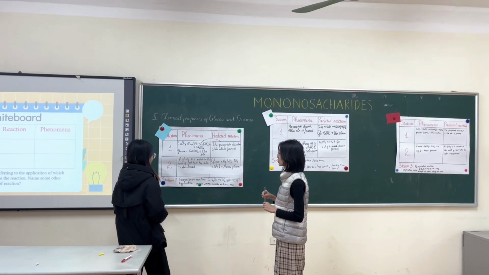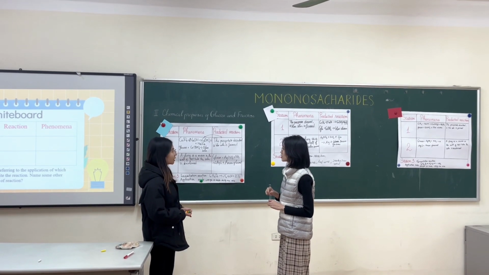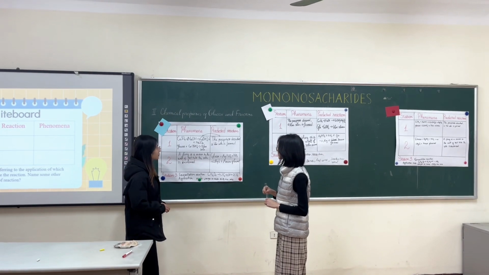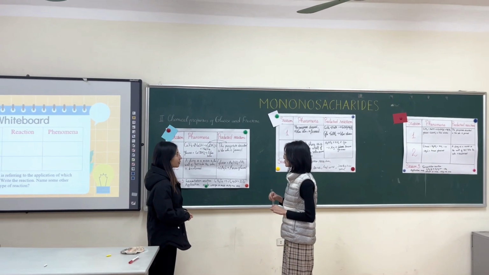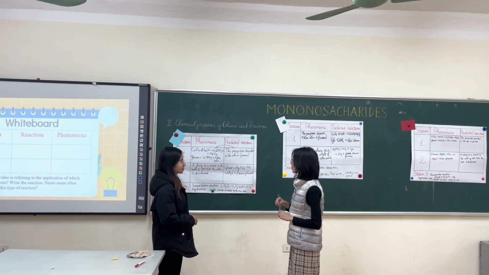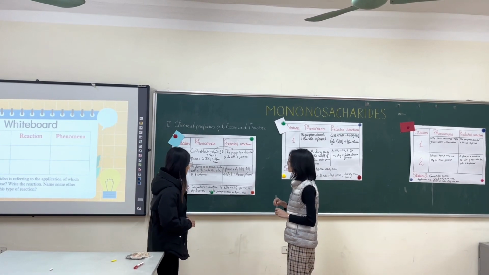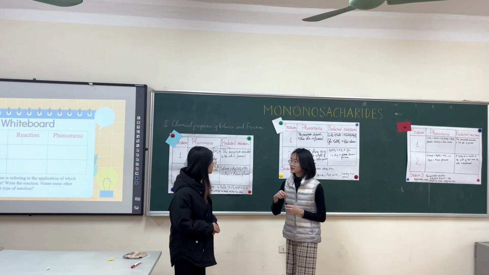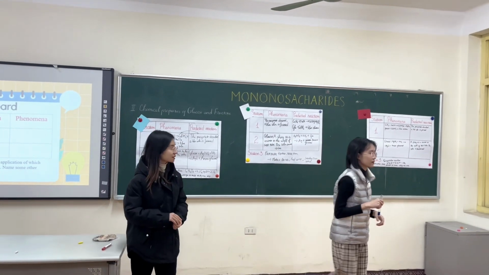The OH group. Yeah, the adjacent OH group, right? Yes. So do you remember how many OH groups glucose has? Five. Yes, thank you. And next one, you can come back to your seats.